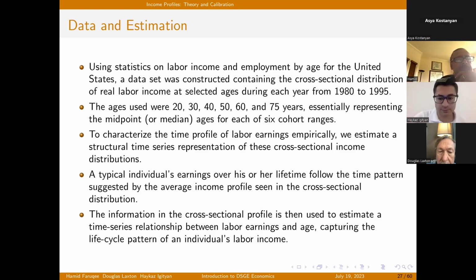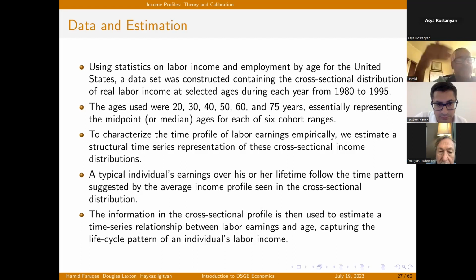And then we look at what those data look like across different vintages from 1980 through 1995. What's interesting there is that age earnings profiles, at least in relative terms, tend to be relatively stable. What 20-year-olds earn relative to 30-year-olds, 40-year-olds, 50-year-olds doesn't vary too much. Although you'll see there's some variation when you look at data across different years.